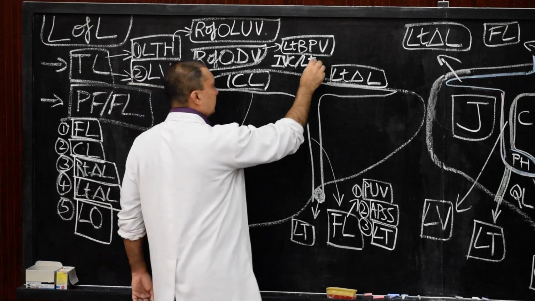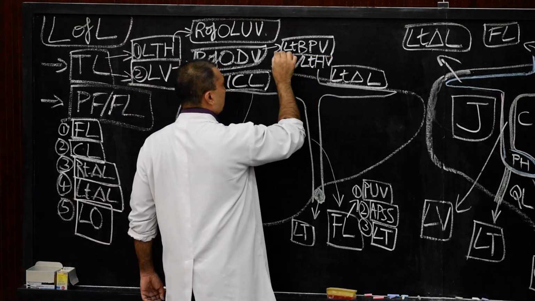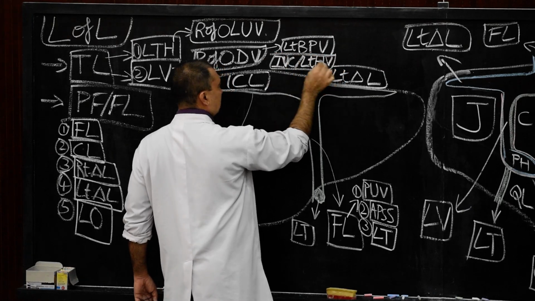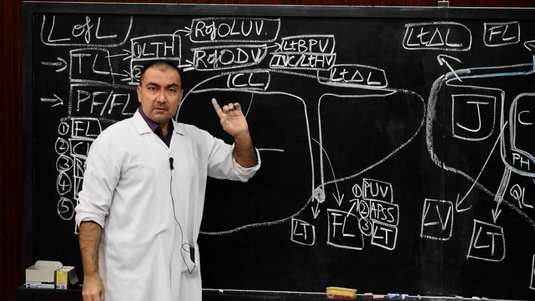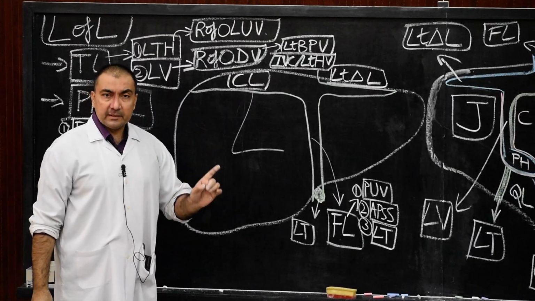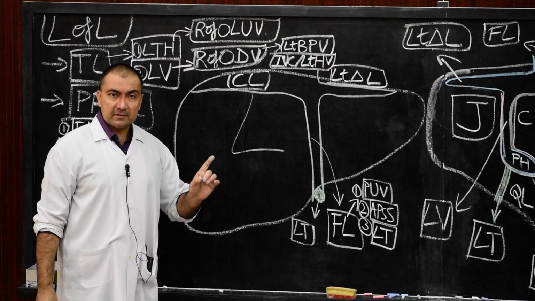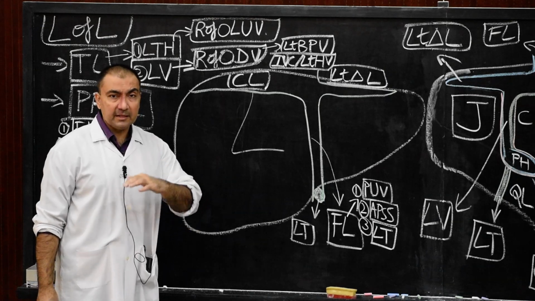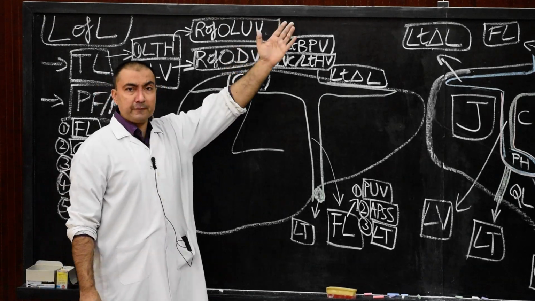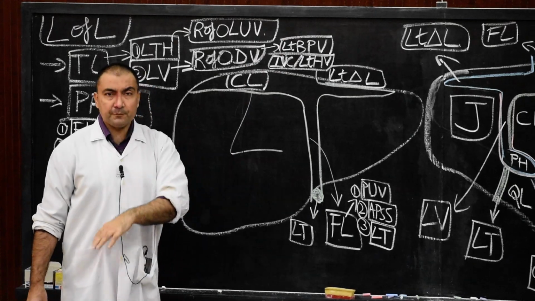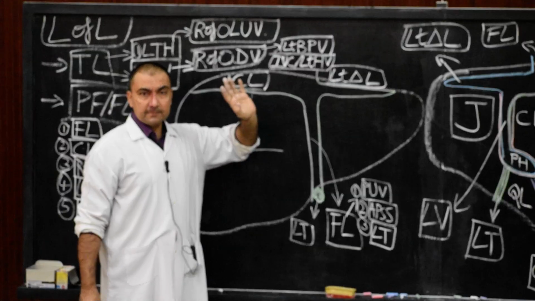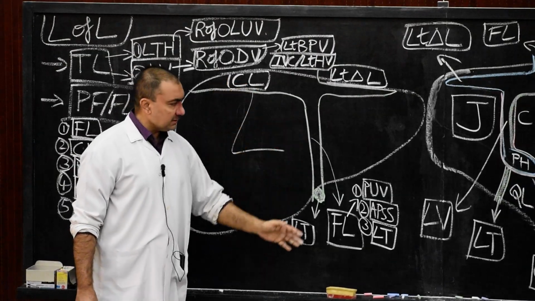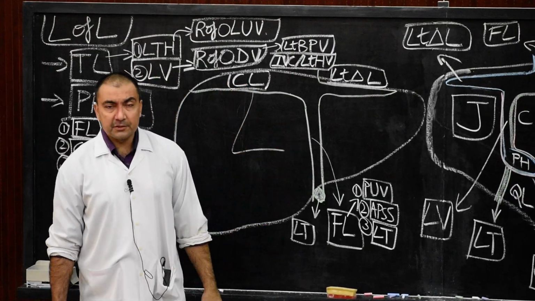So please note down, the ligamentum venosum, which is a remnant of obliterated part of the ductus venosus, will connect the left branch of portal vein with that of inferior vena cava, or left branch of portal vein with that of the left hepatic vein. So here we finish all the ligaments of liver. Thank you very much.